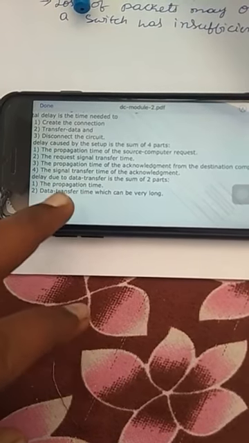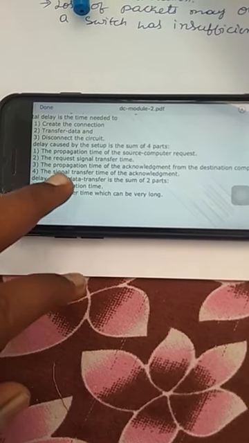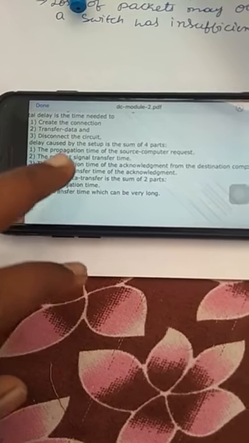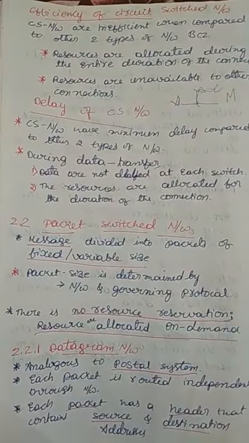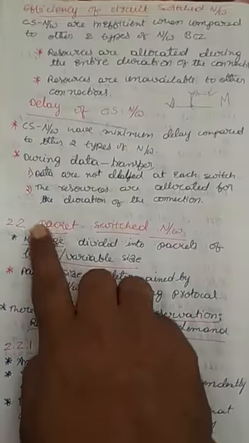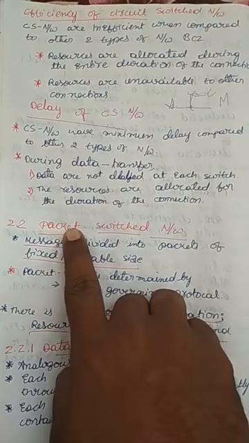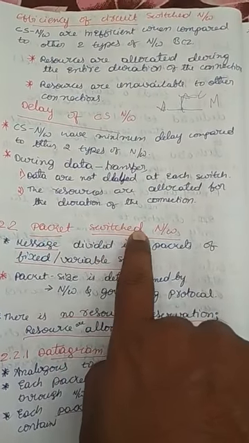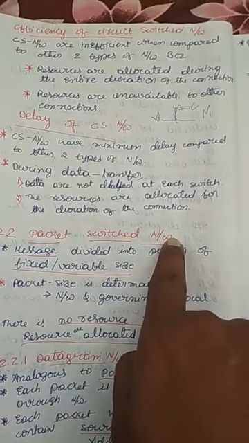That is the explanation of these 2 statements. Okay, this is the end of circuit switch. In the next video I am going to explain packet switch network. Okay, bye, thank you.